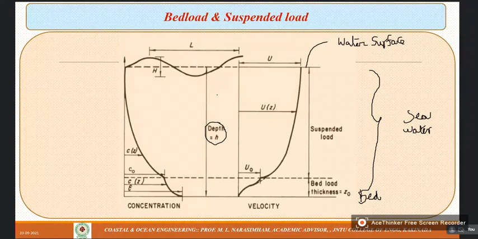This is the z direction. So this is how the current velocity will be varying. So there will be a certain thickness which is identified as the bed load thickness, Z0.